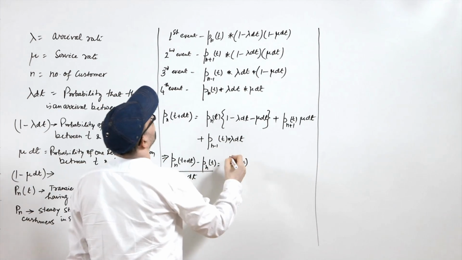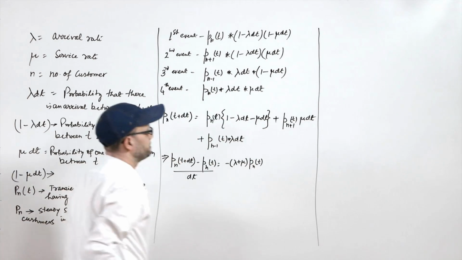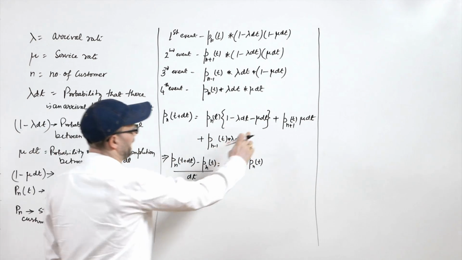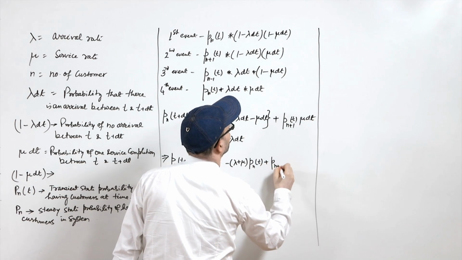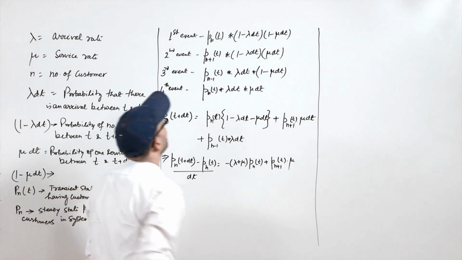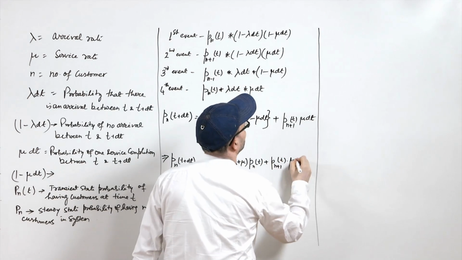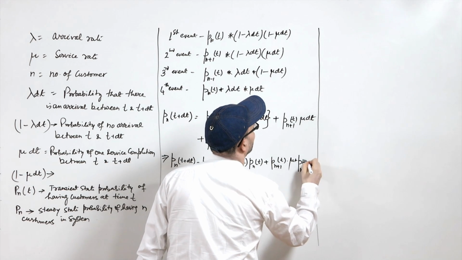So, it will be minus of (lambda plus mu) P n (t). Then we will have plus P n plus 1 (t) into mu, and plus P n minus 1 (t) into lambda.